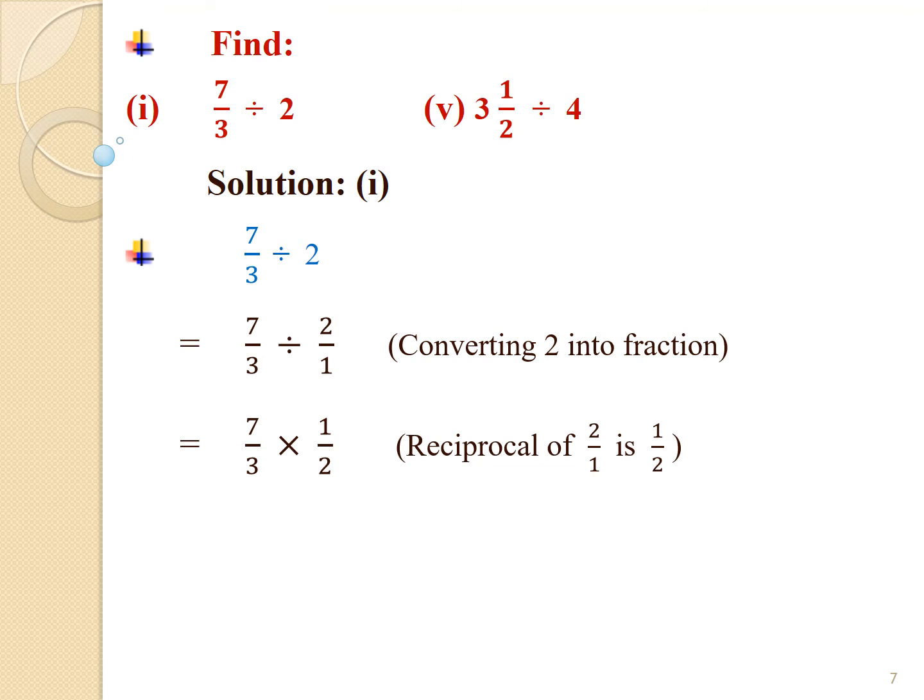Now, multiplying numerator 7 with numerator 1 and denominator 3 with denominator 2, we get 7 upon 6. Now, converting 7 upon 6 into mixed fraction, we get 1 integer 1 upon 6. Therefore, 7 upon 3 divided by 2 is equal to 1 integer 1 upon 6.